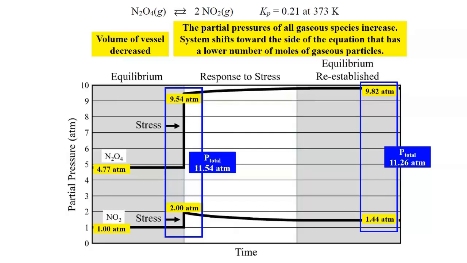So the total pressure was in fact decreased slightly. So that's how the system responded to this decrease in the volume of the vessel. The partial pressures of all the gaseous species were increased at that moment, and because the system shifted toward the side of the equation that had a lower number of moles of gaseous particles, that was a way for the system to relieve the stress and establish a new equilibrium.